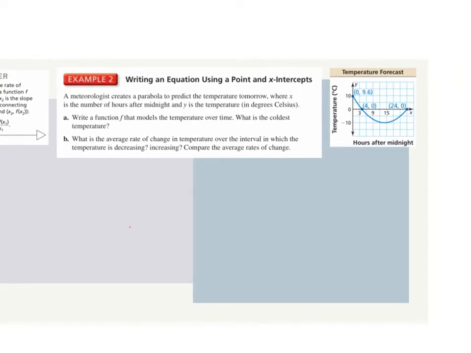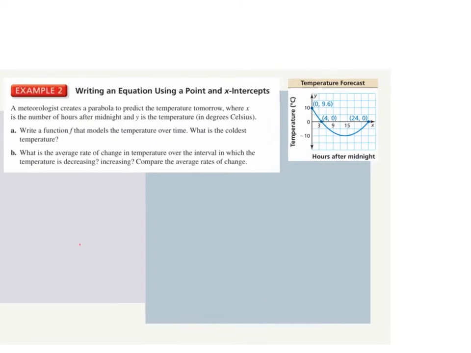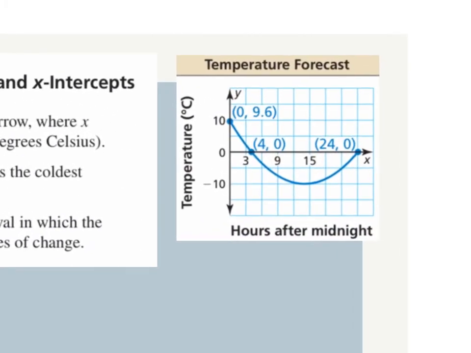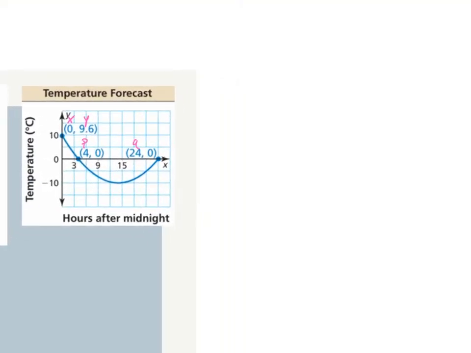Looking at our picture here, it gives us a point, X and Y, and then it gives us our two intercepts. So this is going to be our P and this is our Q. So now we just need to plug everything into our equation.